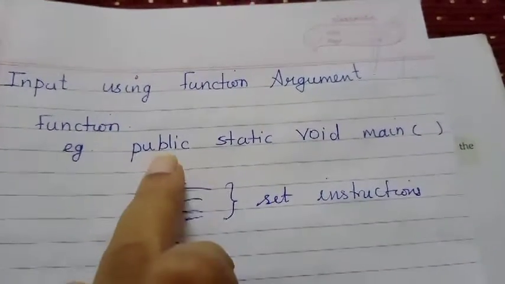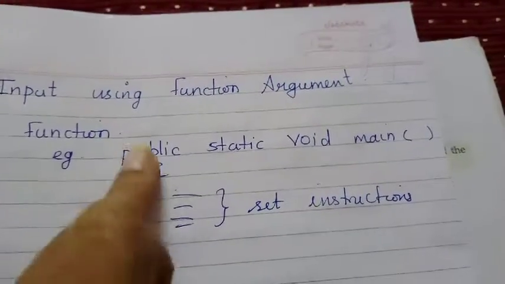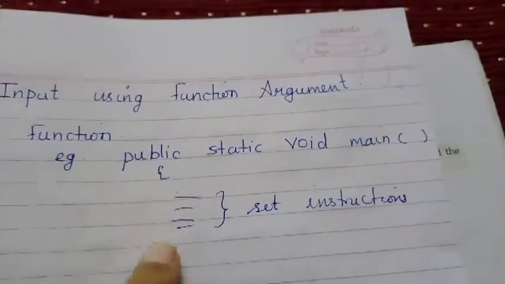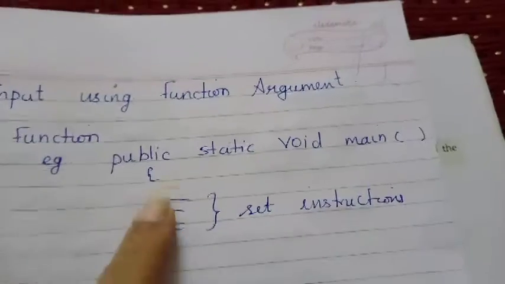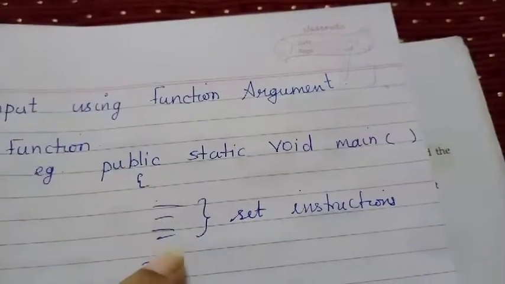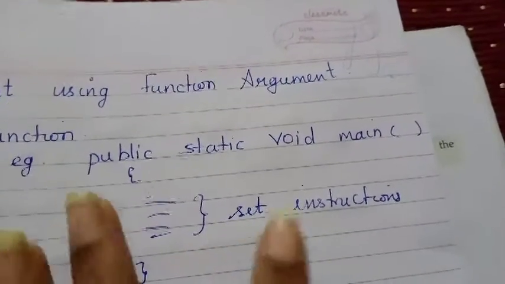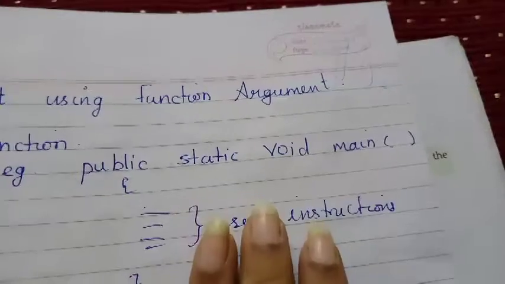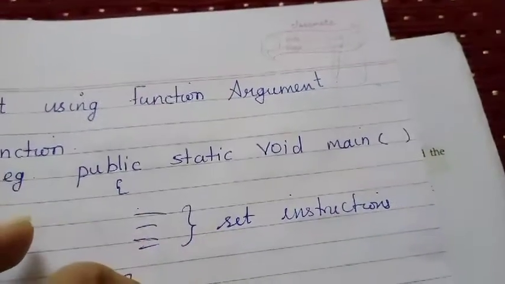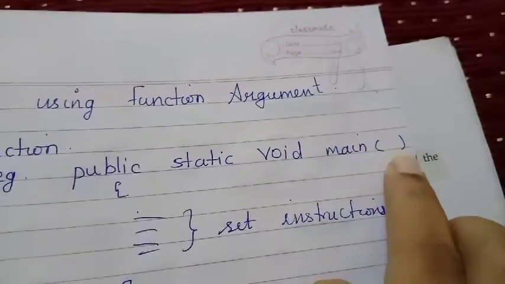Function means some name for the function, and some instructions will be inside your function, that is within your curly braces. You will be having some instructions to do a work, that is called your function. For example, you are going to add two numbers, so you will be giving some arguments.